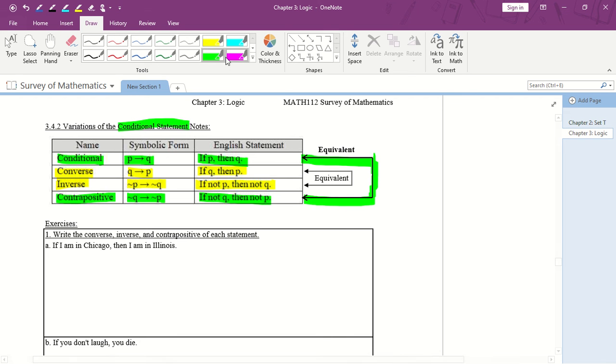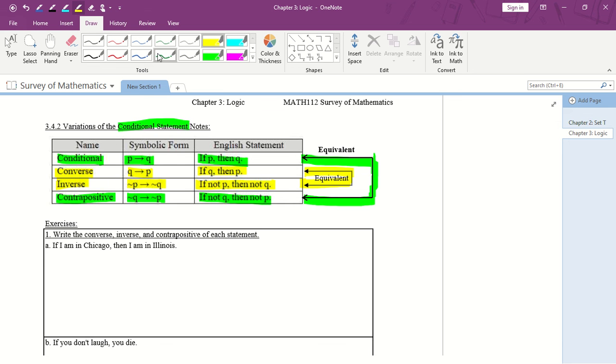And at the same time, the converse is equivalent to the inverse. Converse is equivalent to inverse, and conditional is equivalent to the contrapositive.